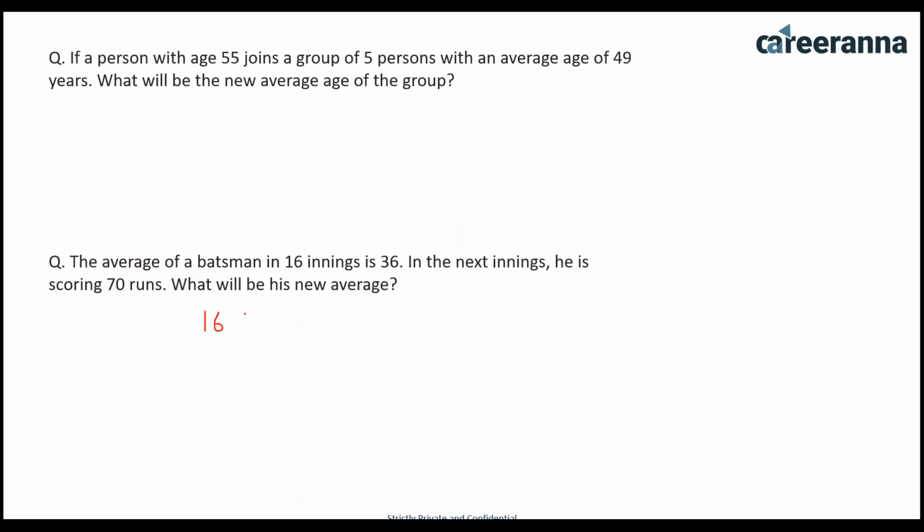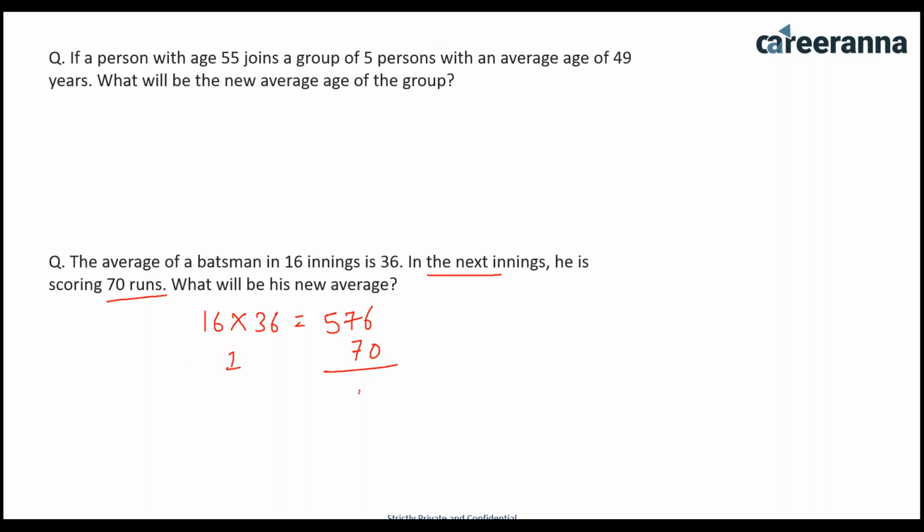Otherwise, you can do it like this: 16 multiplied by 36. What is the value? Guys, please be very quick. Okay, Simran, I'll tell you. 16 multiplied by 36, 576. Don't use calculator. And if you are not using calculator, then you are very fast. That is very good. Now, in the next inning, he is scoring 70 runs. So I have to add 70 in one inning.